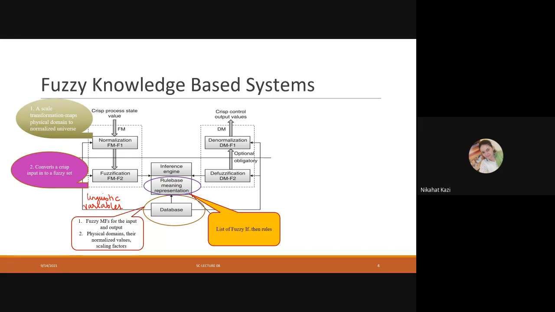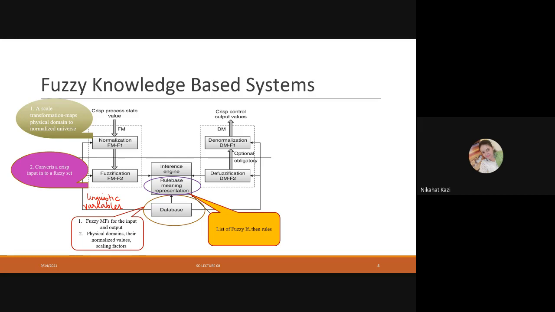If you have modeled some problem using Boolean logic, you have if-then rules there. If this is true, then I will do this. If something else is true, I will do that. So if-then rules are present in case of Boolean logic.